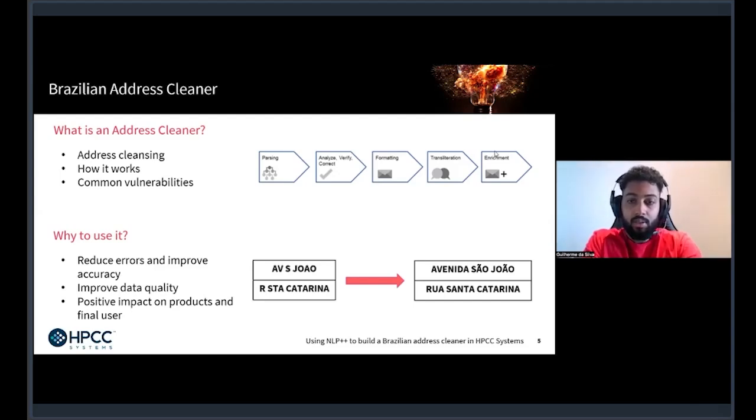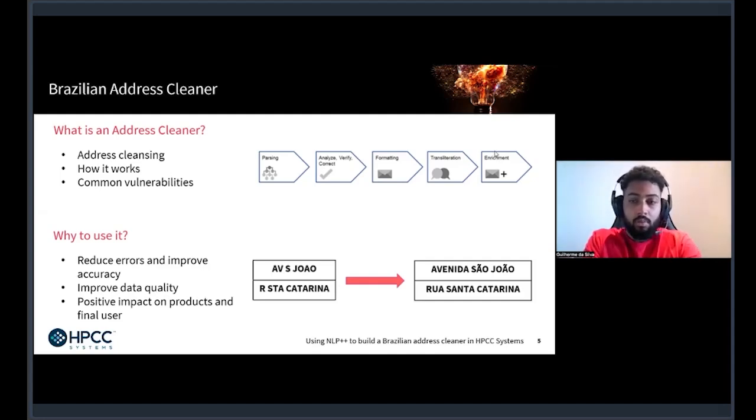The next step would be the transliteration, that is basically when data is converted, so the conversion between non-Roman characters and Latin characters. And the last step is the address enrichment, which is when the tool provides additional information that helps you better understand and use the address data. So this is how an address cleaner works.